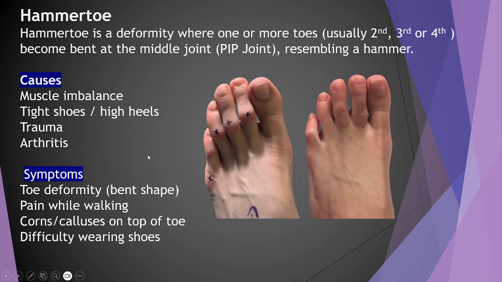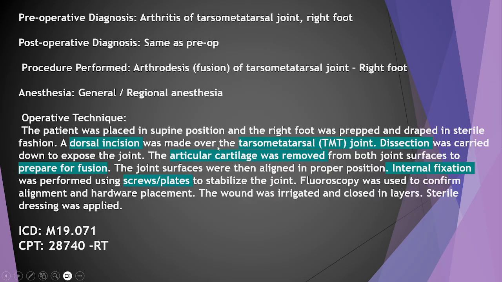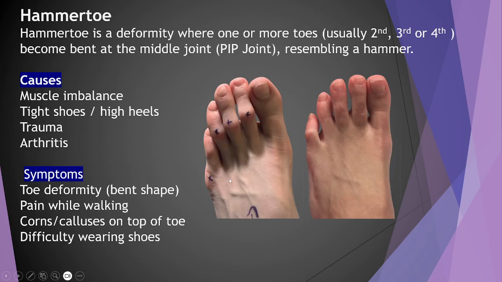So how does it occur? What are the causes? The causes are the same as hallux valgus, that is bunion: tight shoes, muscle imbalance, trauma or arthritis. Symptoms may be corns, calluses, difficulty in wearing shoes, and toe deformity, a bent shape.